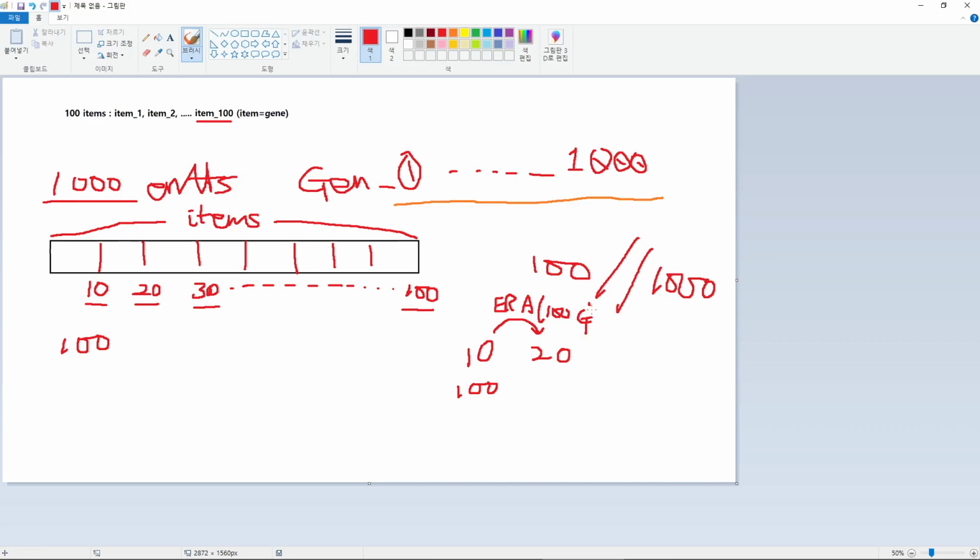We increase the population size to 200, and then another era would pass, and then we would have 300 entities, and this will continue until we have 100 items, and then we have 1000 entities for this last era, which is again 100 generations.